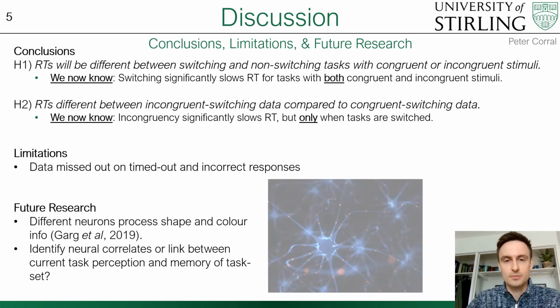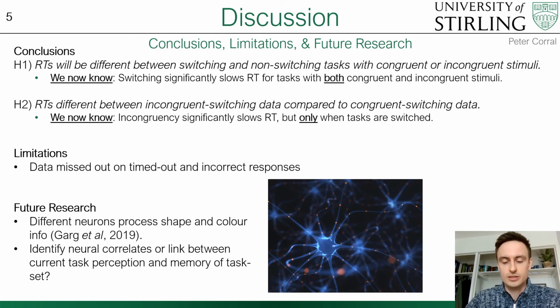Finally then, there are some exciting areas for future research using the task switching paradigm. Perhaps the most interesting is in the idea of improving understanding of the neurobiology behind task performance. For example, it's recently been demonstrated that different groups of neurons are involved in processing shape and colour information.